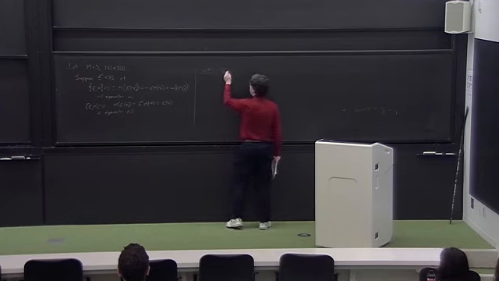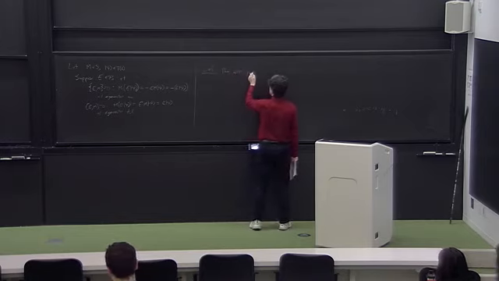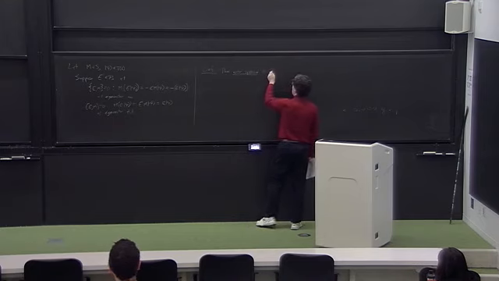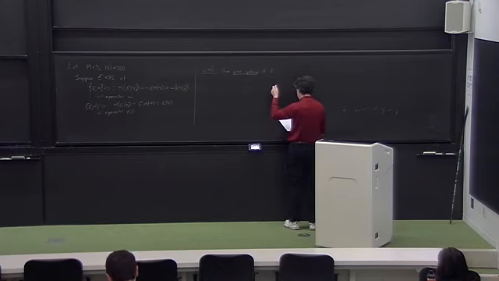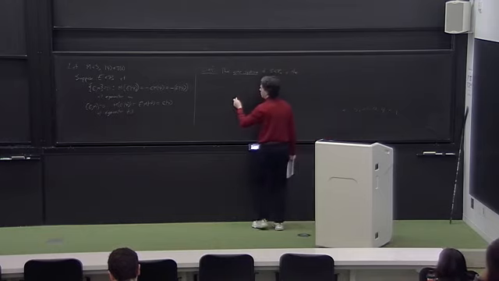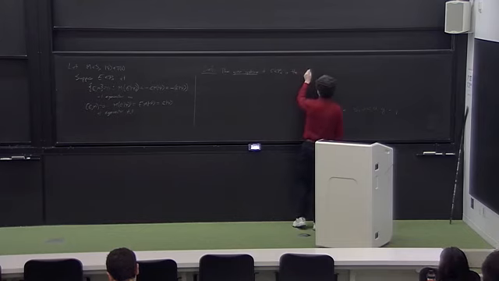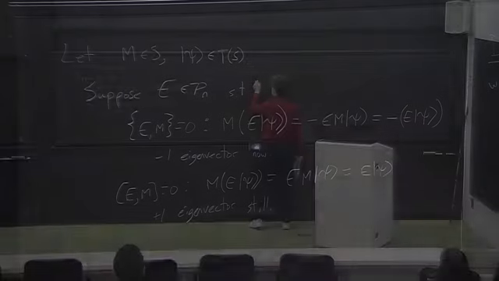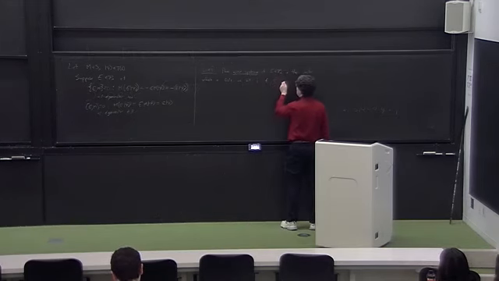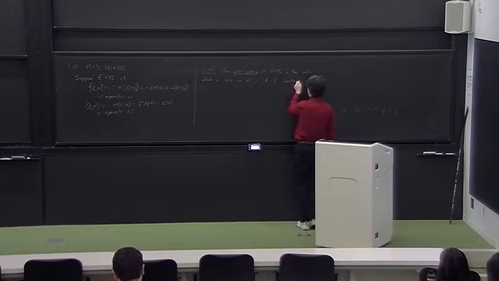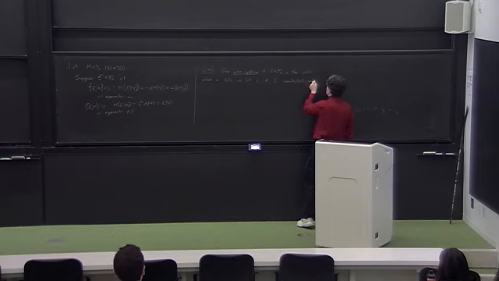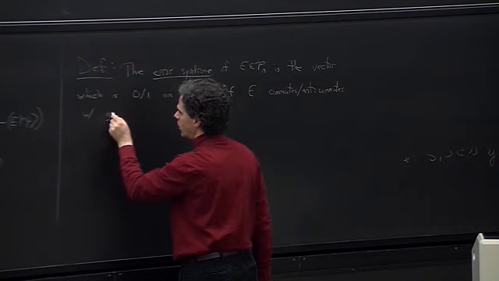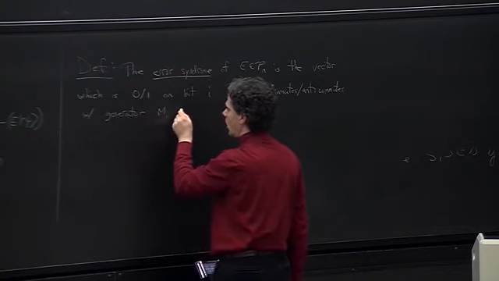We say the error syndrome of an error E in the Pauli group is a vector which is 0 or 1 on bit i if E commutes or anti-commutes with the generator Mi of the stabilizer.